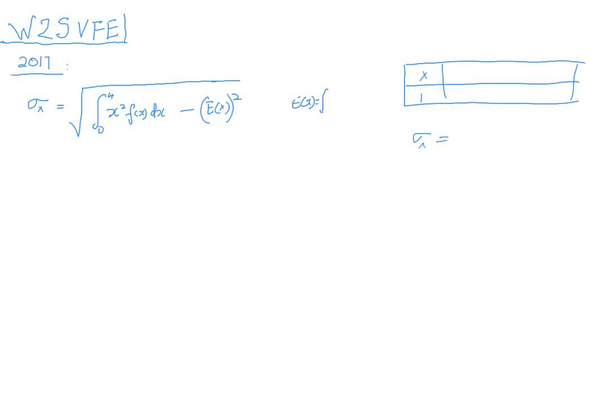This is your X, this is your P. So the probability does play a very important role in determining the standard deviation. So that's why I say B will have the greatest standard deviation because their probability is not constant.